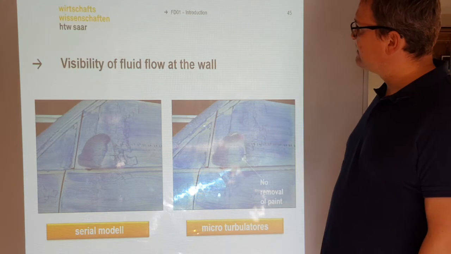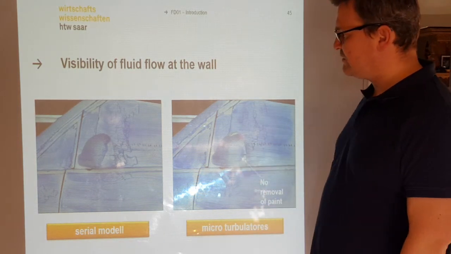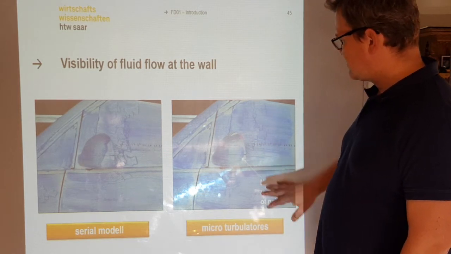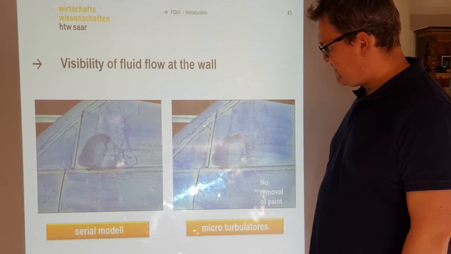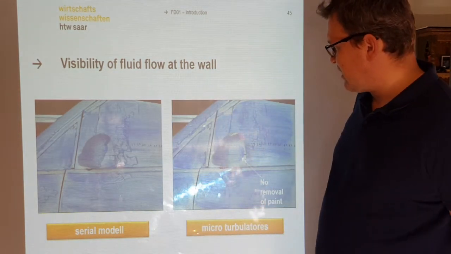Or for example, this part here. That's a mirror of a car, of the left side of the car. And what the engineers did here, they took a serial model of a car.